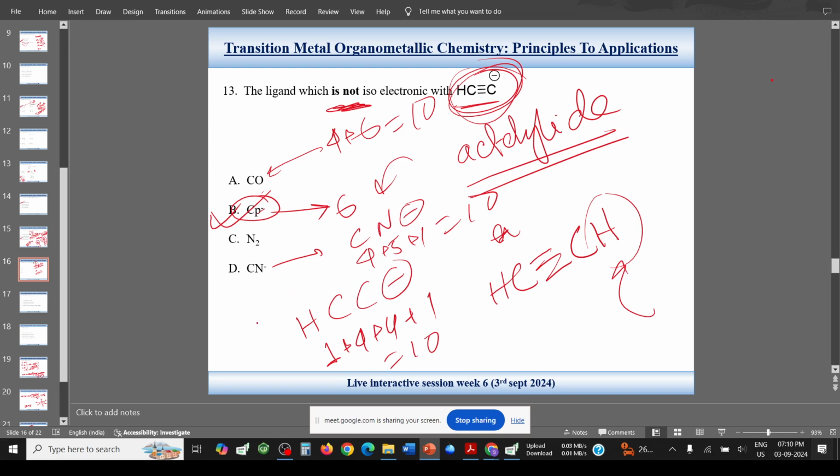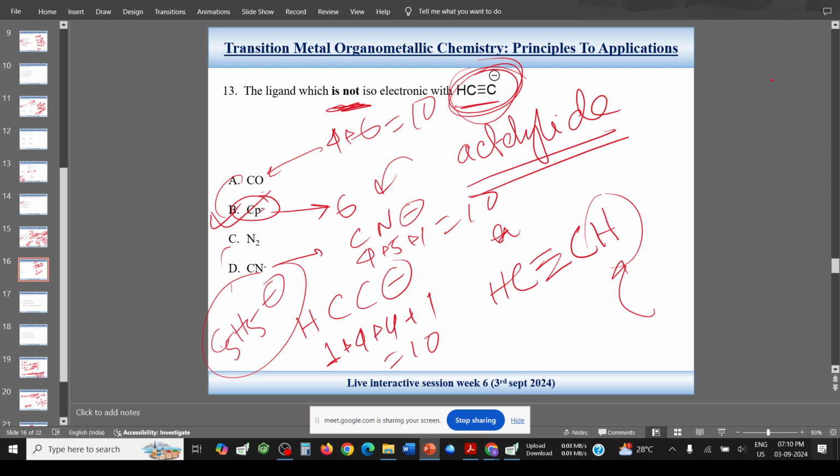But here Cp has C5H5 minus, lots of electrons. Then the molecular orbital will be very different compared to CO and CN.